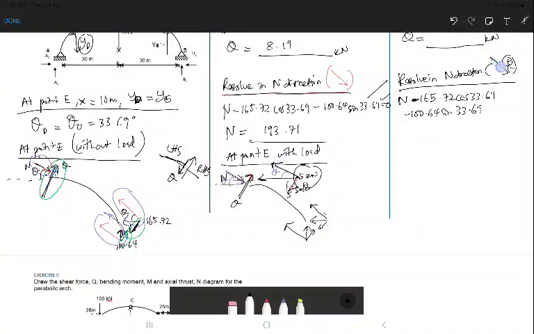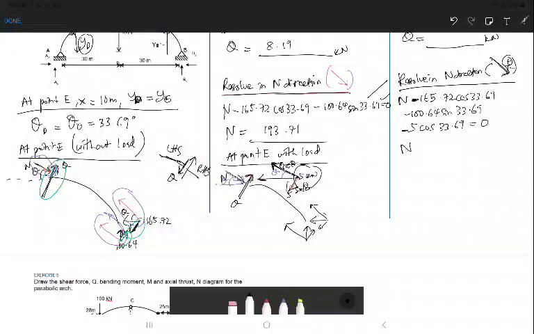Because of vice versa of this direction, so it should be minus 5 nearest theta, so cos theta, 5 cos theta.